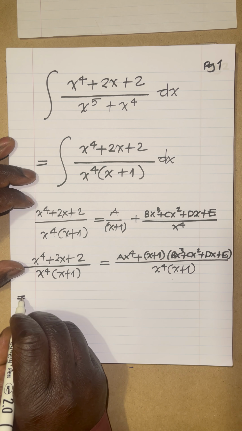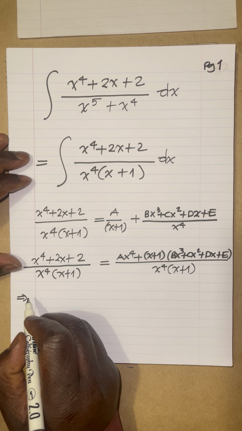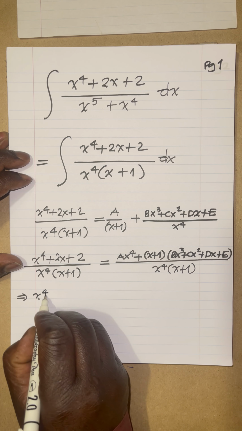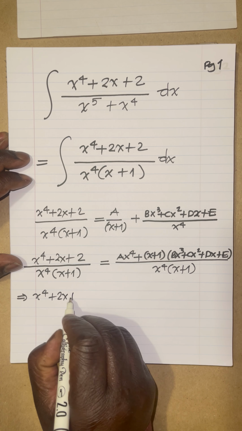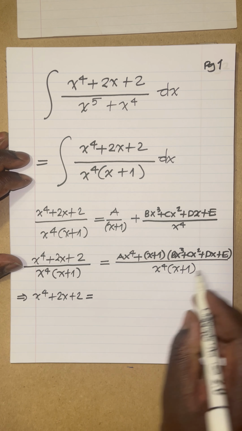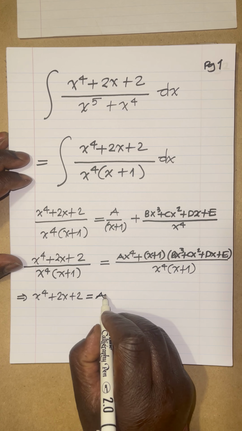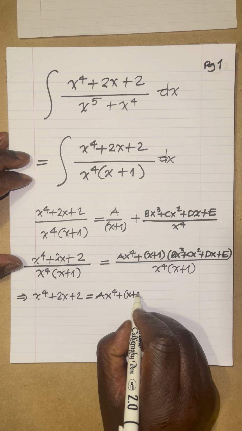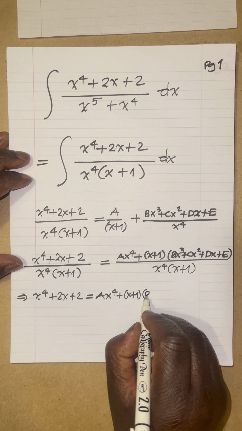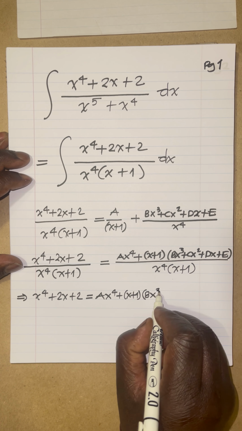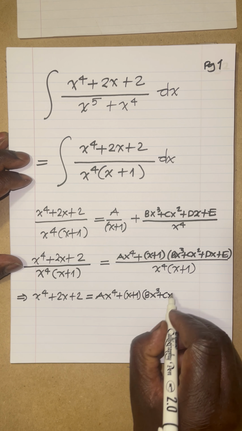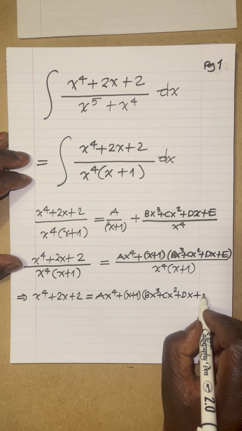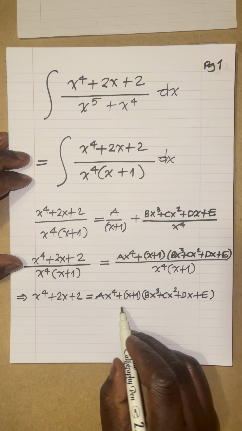So this implies that x^4 + 2x + 2 must be equal to the numerator there, which is Ax^4 + (x + 1) multiplied by (Bx^3 + Cx^2 + Dx + E). I'm going to expand that part.